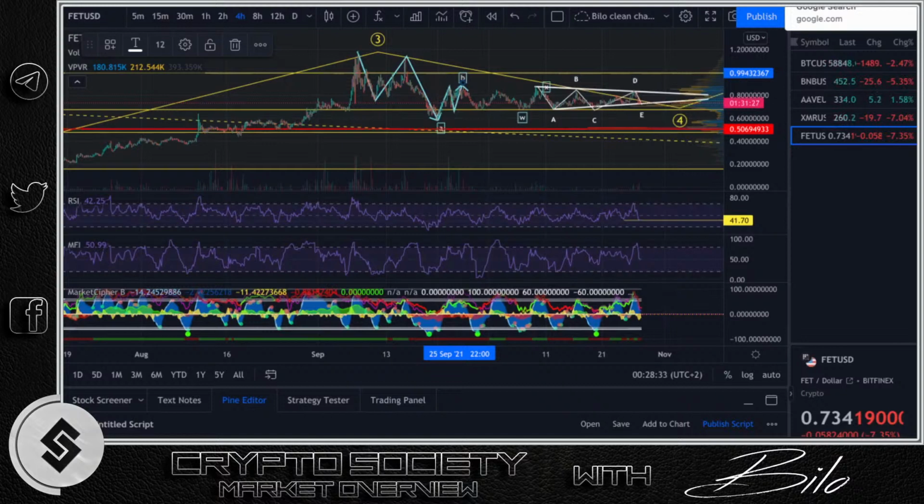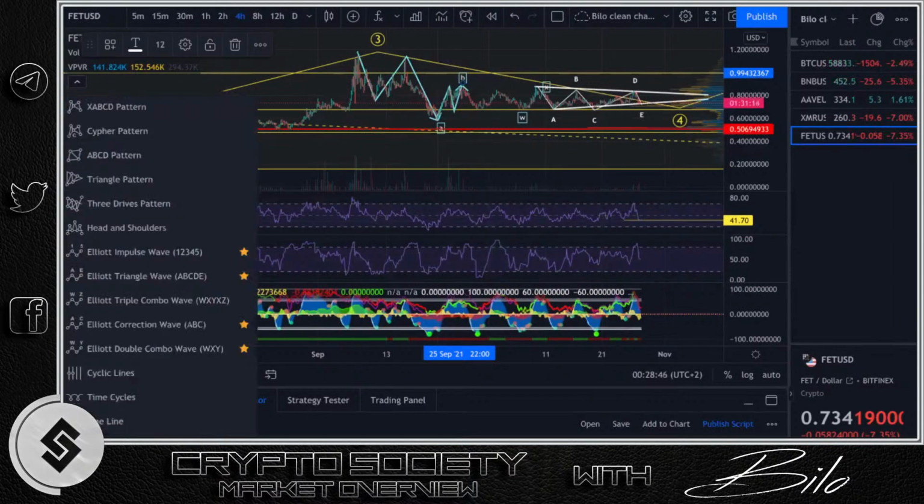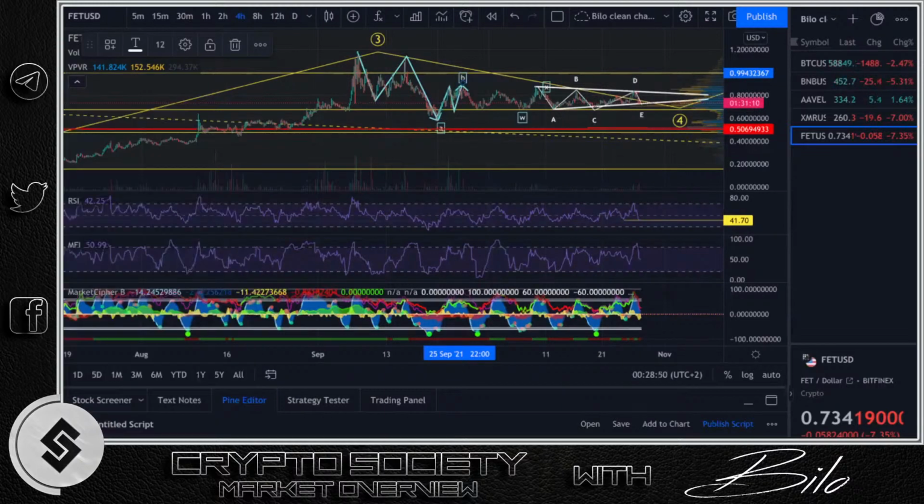Oh yeah, a flat and a triangle. Yes, I can have a flat and a triangle. So 1, 2, 3, 1, 2, 3, another 1, 2, 3. I'm just looking at my Elliott Wave notes. Yes, it works out. Here's my W.